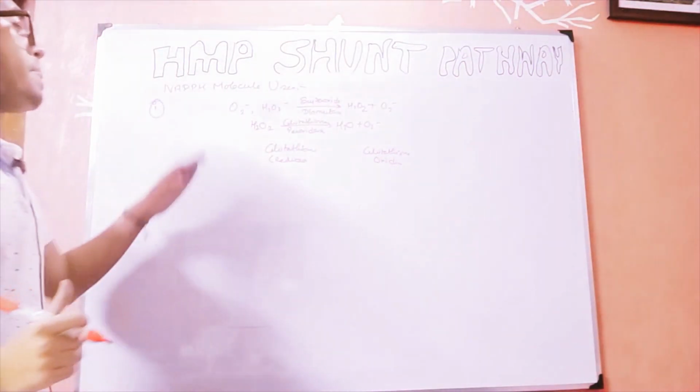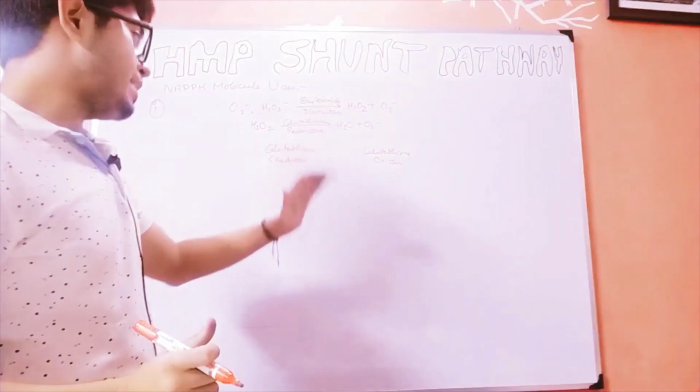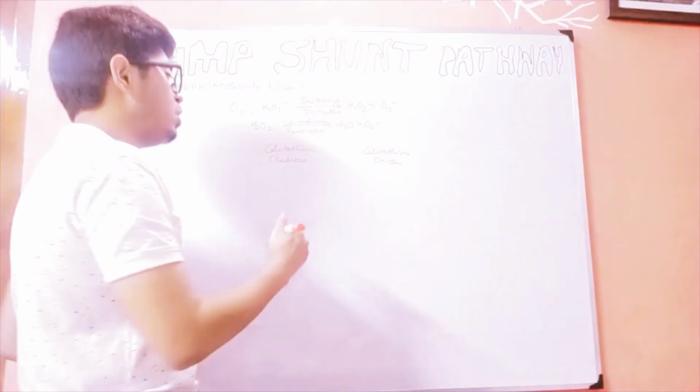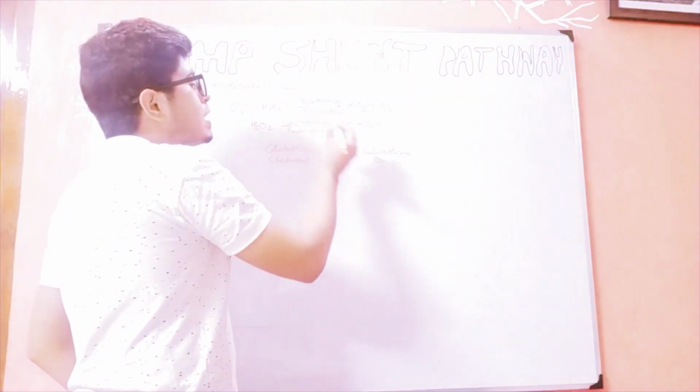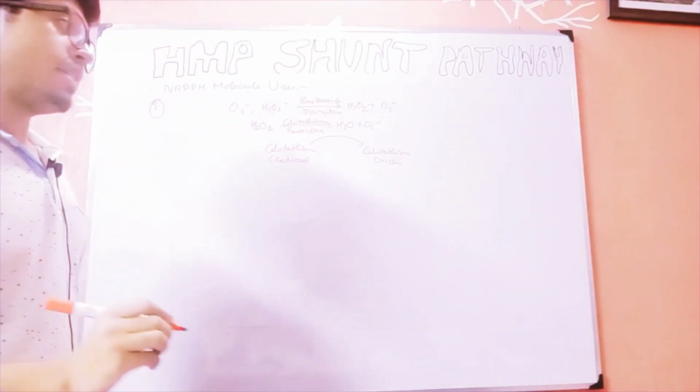When H2O2 is acted upon by glutathione peroxidase, the glutathione in its reduced state goes into the oxidized state.